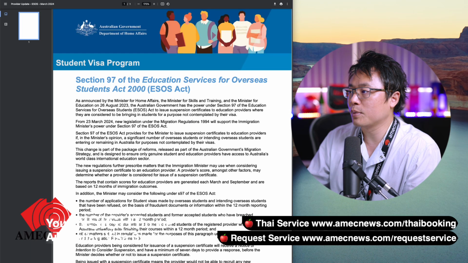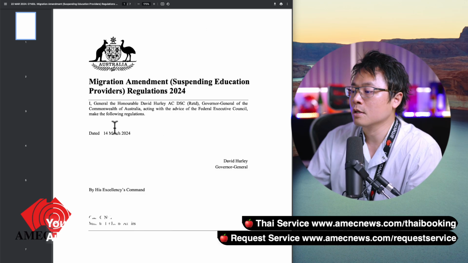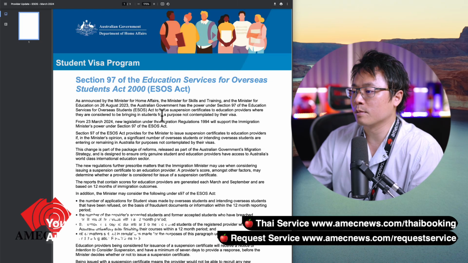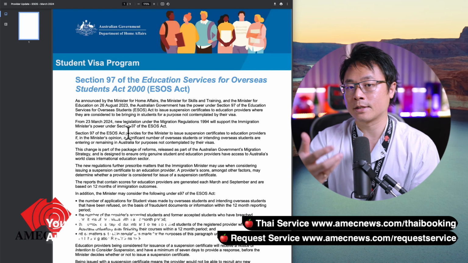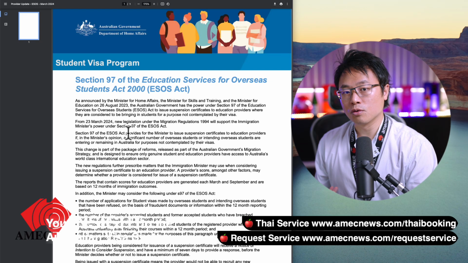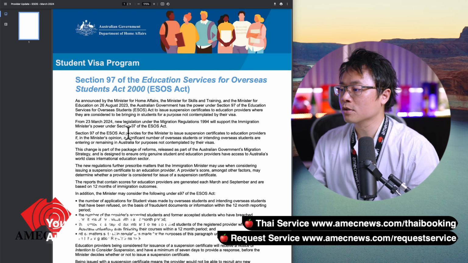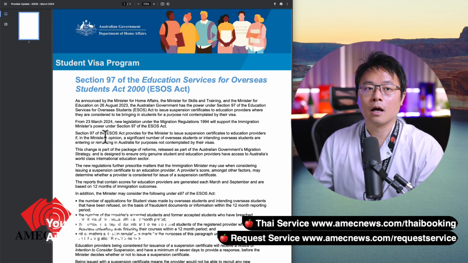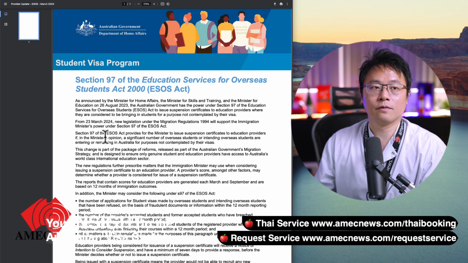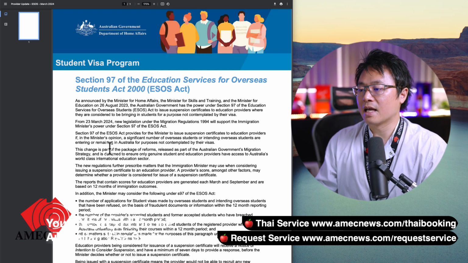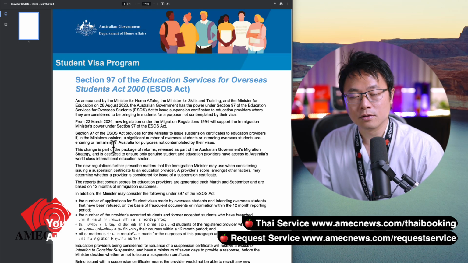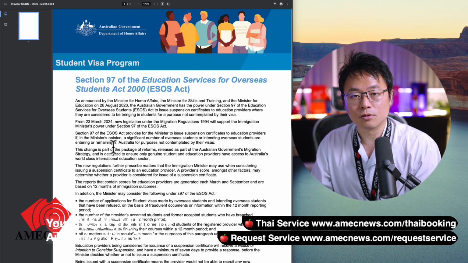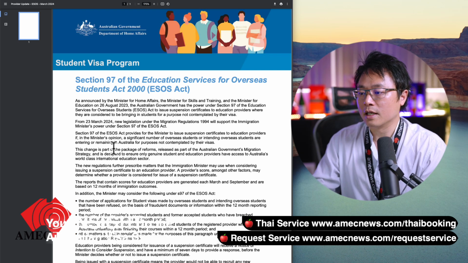So again, that piece of regulation is giving the right and power to the Department of Home Affairs and Immigration to assess a potential school, unis, education providers who had breaches or who had repeatedly had very bad students or fraudulent documents. And there's a way to identify that the education provider is helping or allowing international students to use the visa as a work visa in Australia.